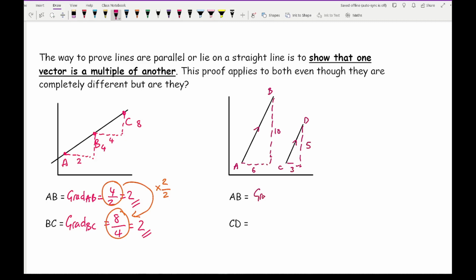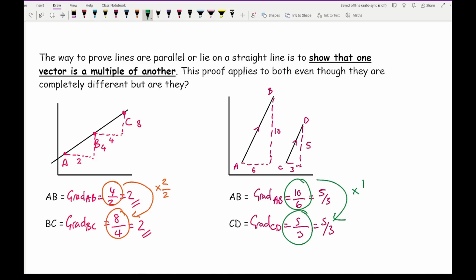Here the gradient of AB is 10 over 6, which is 5 over 3, and the gradient of CD is 5 over 3. So to get from this gradient to this gradient, all I need to do is multiply by a half or divide by 2, whichever is your preference.